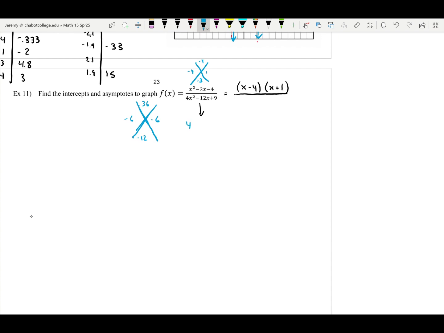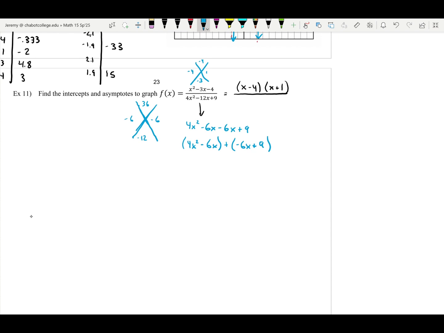So I'm going to split the middle term, and this is just what we have to do when the leading coefficient is not equal to 1. Okay, so there I split that negative 12x, and I'll factor by grouping. So 4x squared minus 6x, plus, in the middle, negative 6x plus 9.